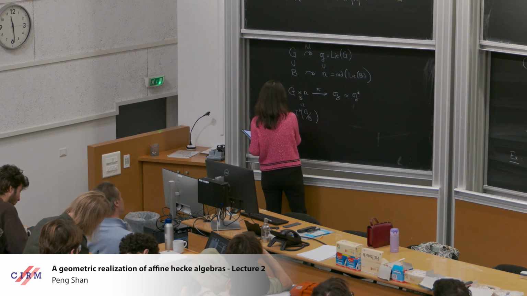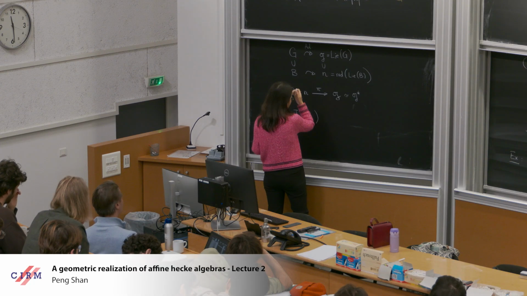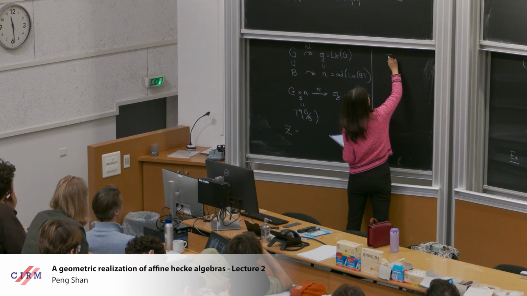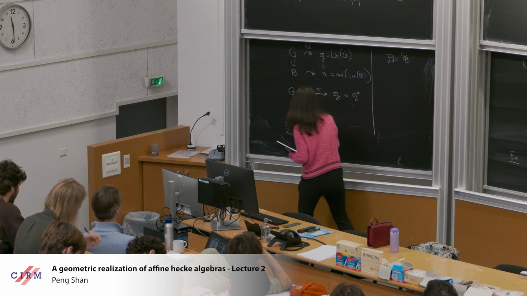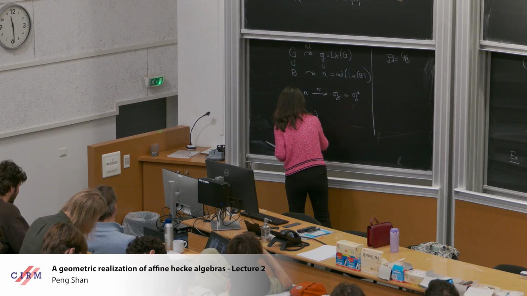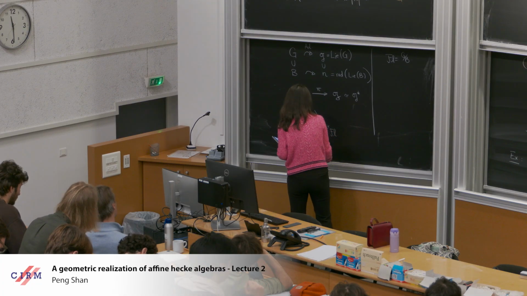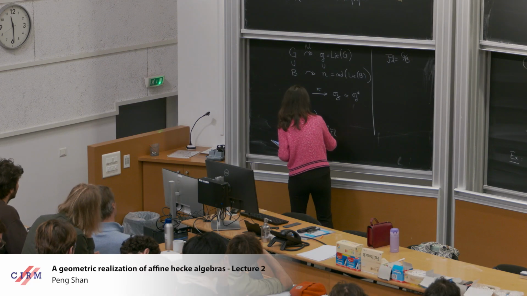So more particularly, from now on, V will be the so-called, this was Z before, yeah, maybe let me fix some notation. I write Flag to be G mod B. This is the flag variety, and from now on, this will be T star of Flag times T star of Flag over the nilpotent cone.